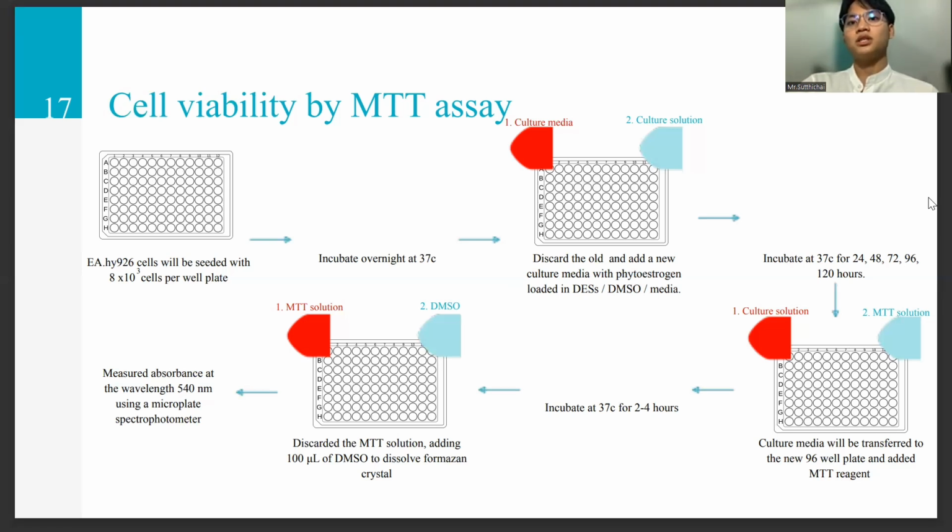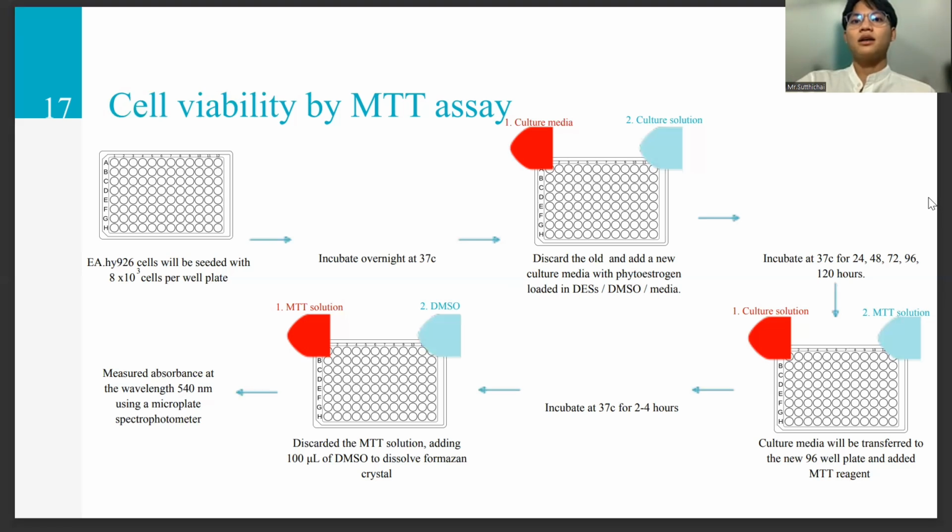After incubation time, the media will be brought out, then add 100 microliters of MTT solution, concentration 5 mg per milliliter, into each well before incubating for 120 minutes.